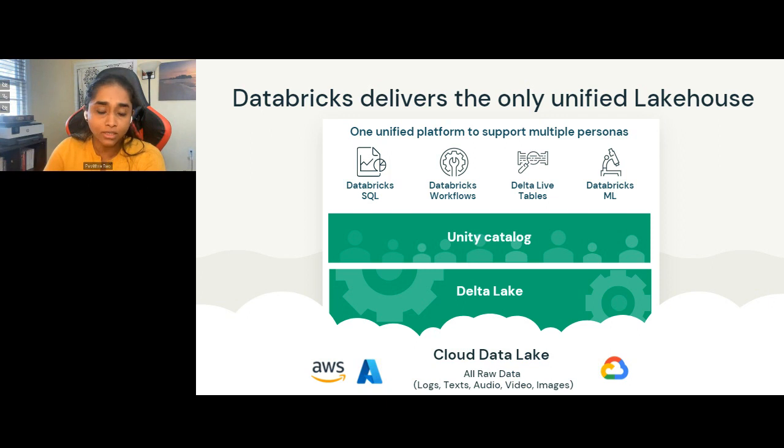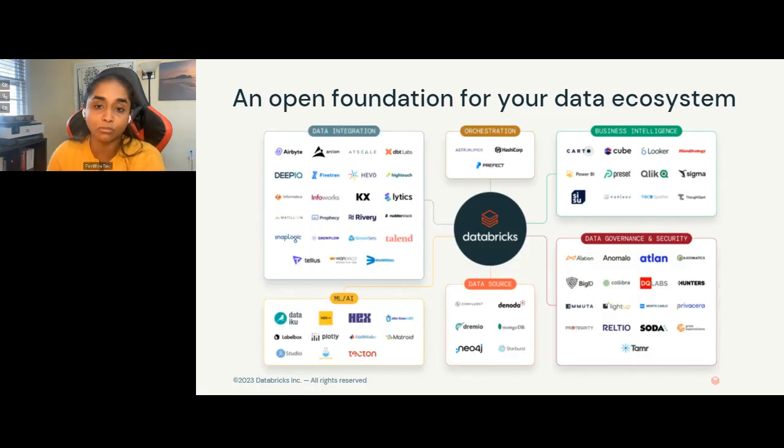With that, I think it's a very good segue to understand our ecosystem and how we work with some of these partner tools in specific data integrations.